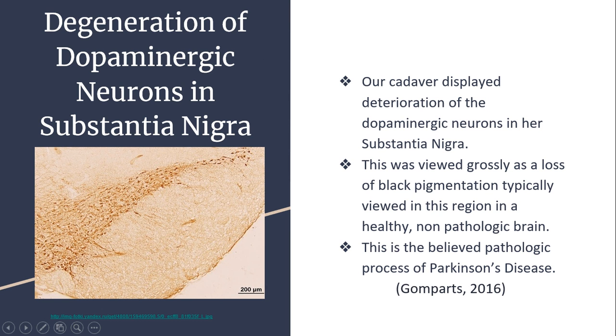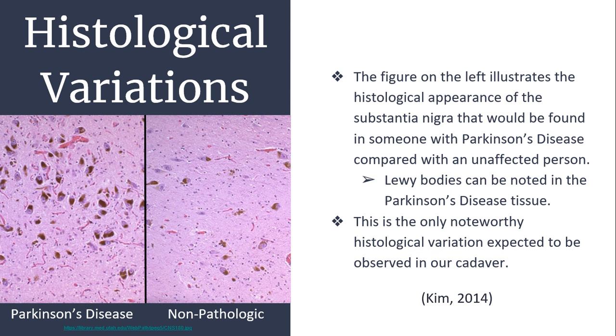As you can see in this example, this is an actual Parkinson's patient, and this is kind of exactly what our patient looked like. In our patient's midbrain, there was no black pigment whatsoever, which is characteristic of Parkinson's disease. And this is believed to be the pathological process of Parkinson's.